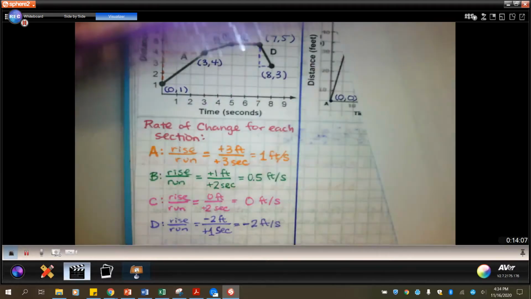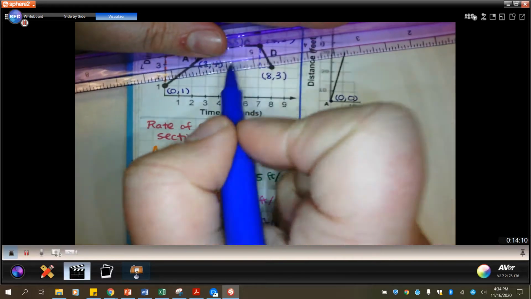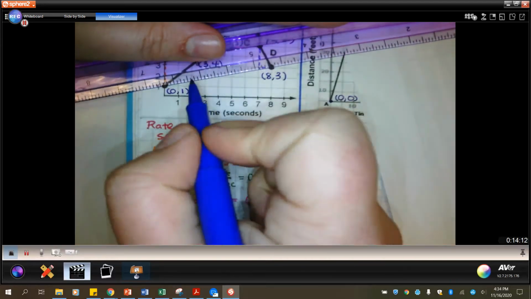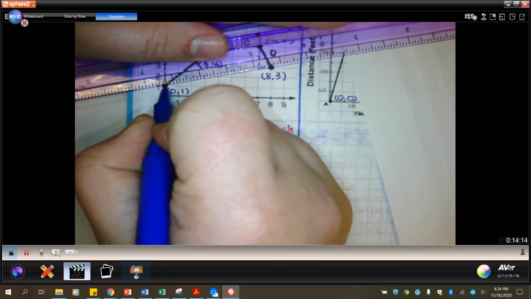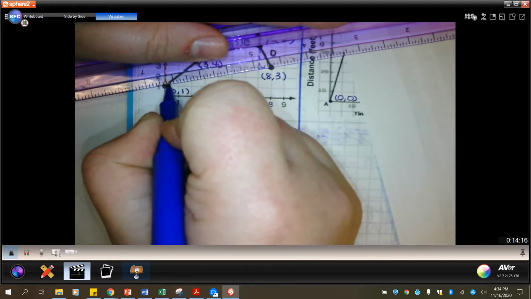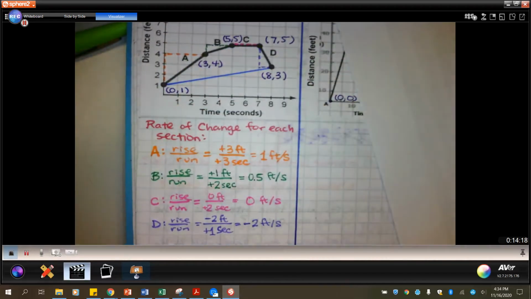Well, so we are going to create a straight line where there wasn't one. So I'm going to take this and connect here.